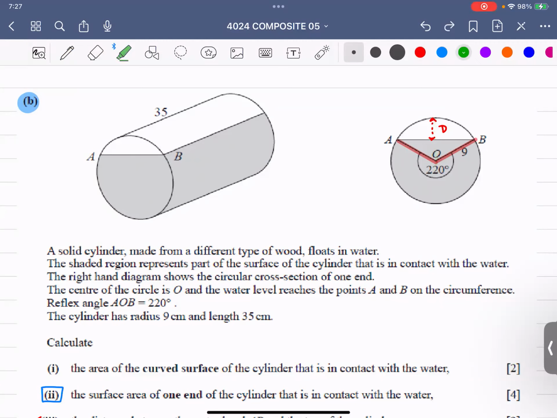That means if I'm able to calculate this small one, focusing on this right angle triangle, let me label this. I'm just changing the values. So this is the purple one that goes like this. This is the green one that goes like this.